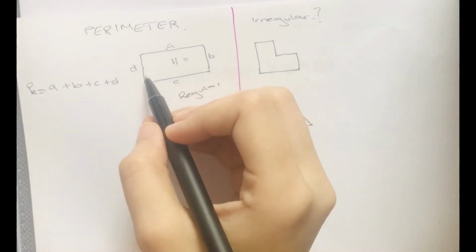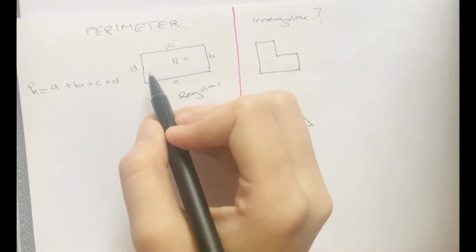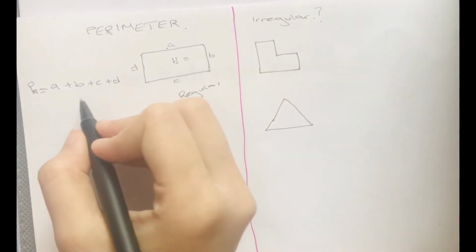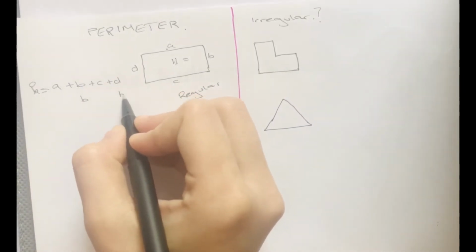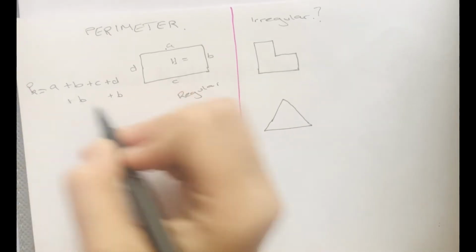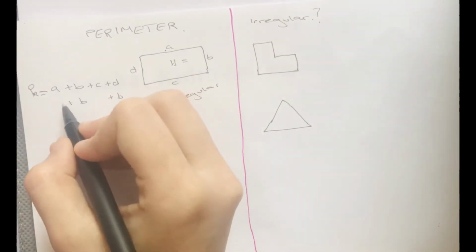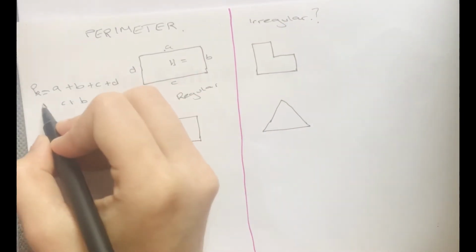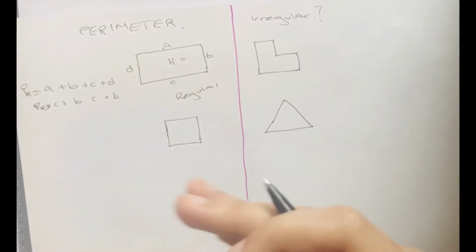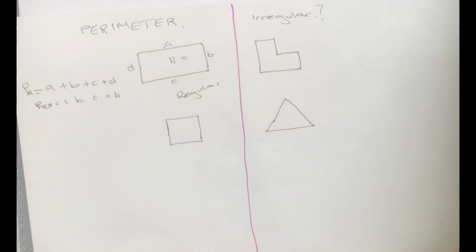So D is equal to B, so you can substitute D with B. So B and B, right? And C is equal to A, so you can say C and C. So perimeter of a rectangle is equal to C plus B plus C plus B.